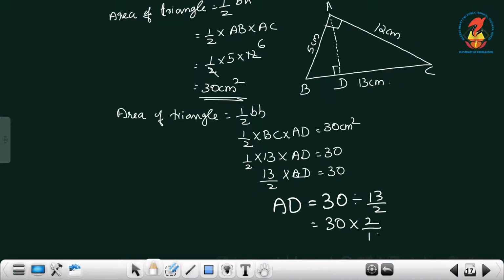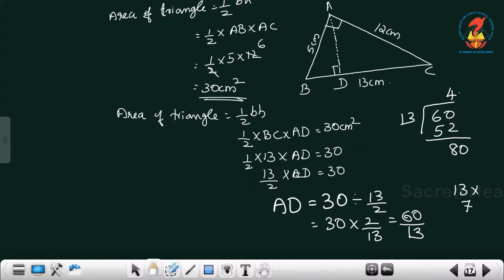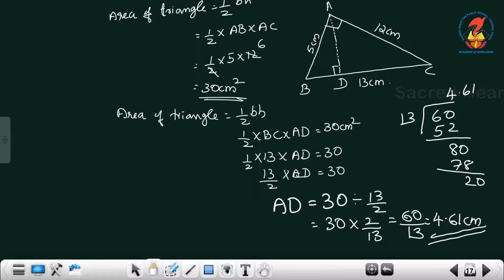Take the reciprocal, 2 by 13, so 30 into 2 is 60. 60 divided by 13. 13 into 5 is 65, 13 into 4 is 52, remainder 8, 80. 13 into 7 is 91, 13 into 6 is 78, remainder 2, 20. So AD equal to 4.61 centimeter.